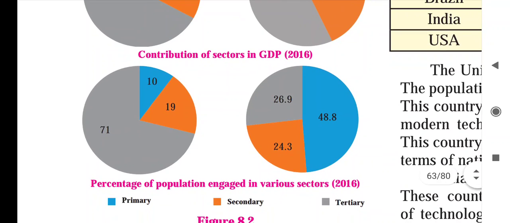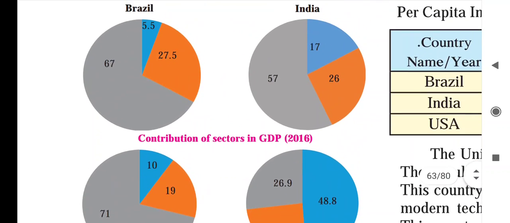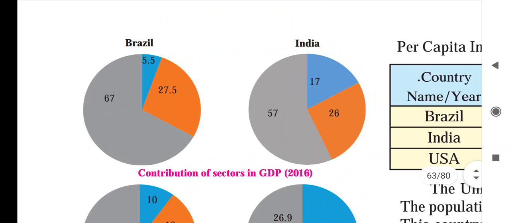So see, blue color represents primary sector, secondary is shown by the orange color, and gray color is tertiary. So here see students, contribution of the sectors in the GDP. What is the first question given?